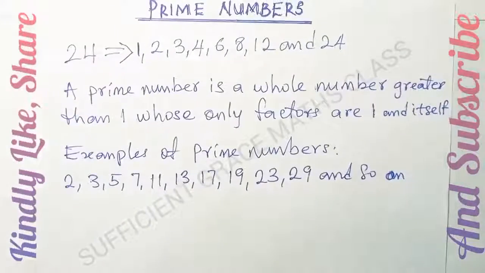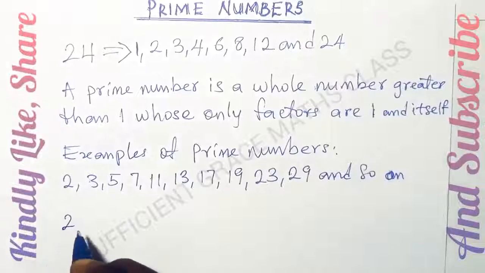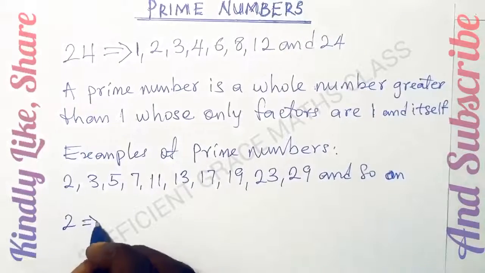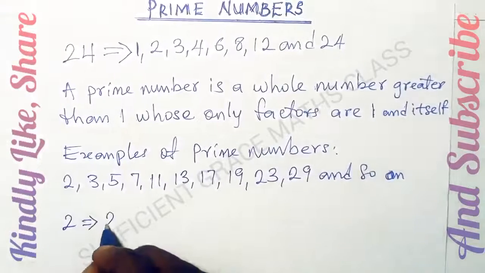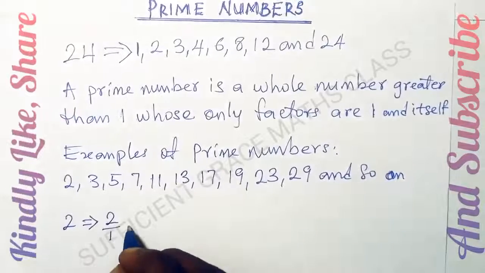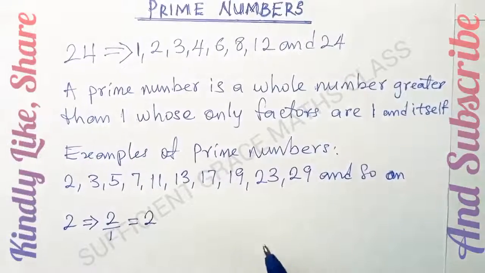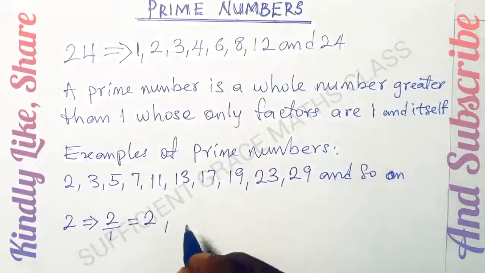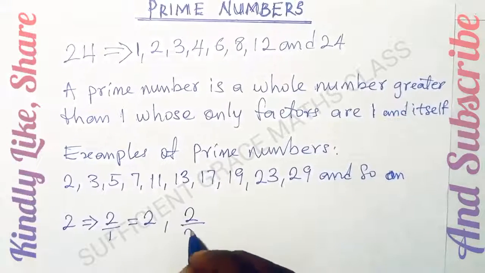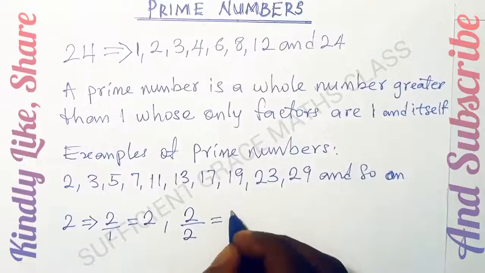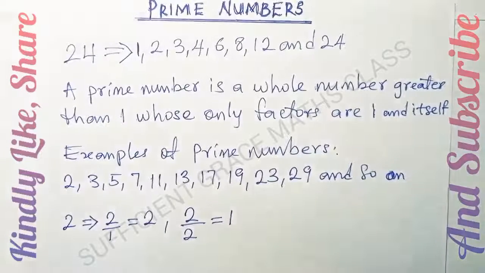For example, now 2 can only be divided by 1. 2 divided by 1 gives us 2 without having any remainder, and 2 divided by 2 also gives us 1. It has no remainder.